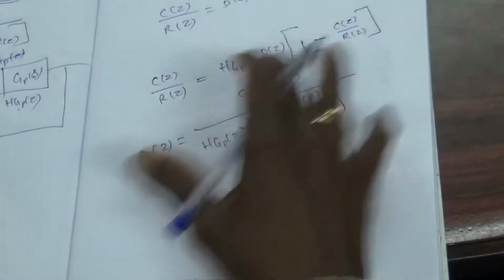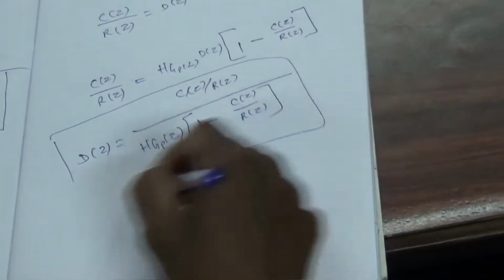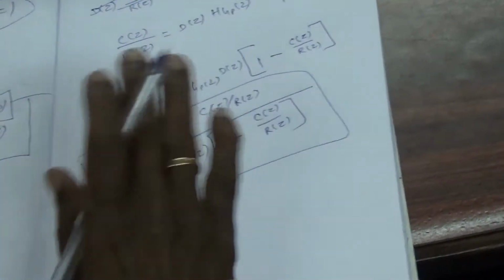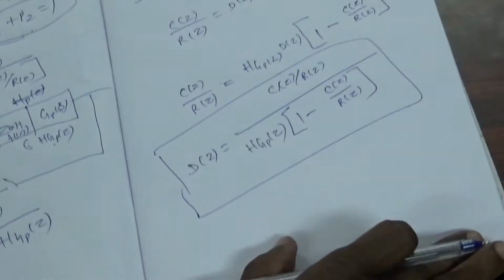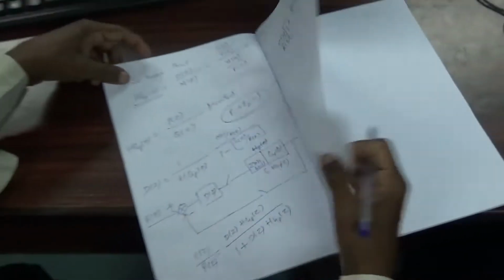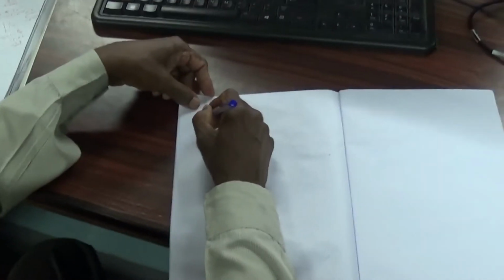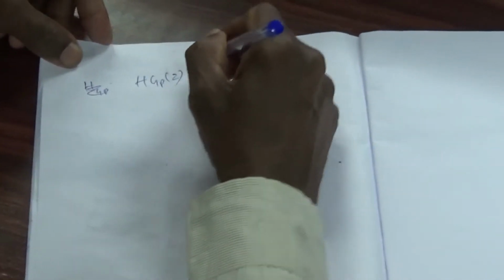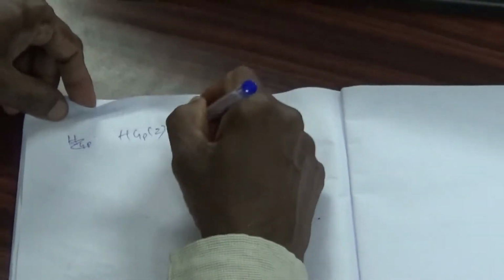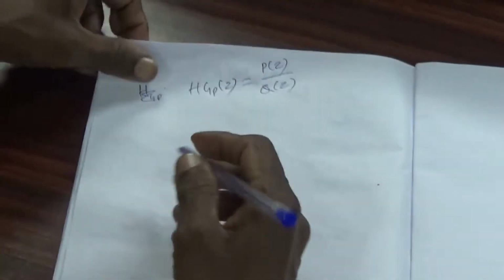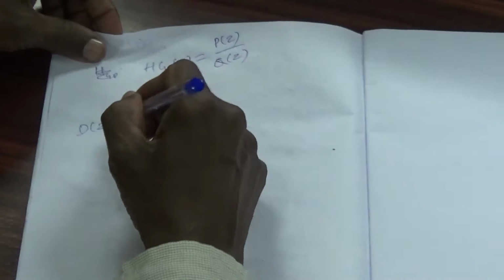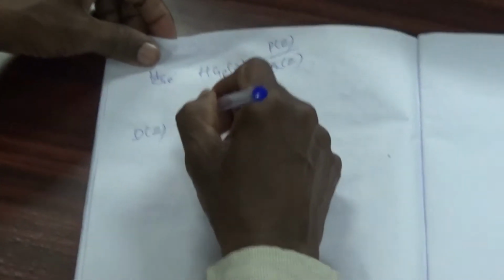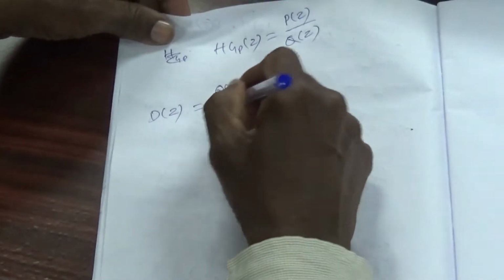This is the derivation for any digital controller. Any digital controller can be written like this. Therefore, already we got HGP of z equal to P of z upon Q of z. We substitute in the digital controller D of z equal to 1 by HGP of z, that is Q of z, times C of z by r of z.